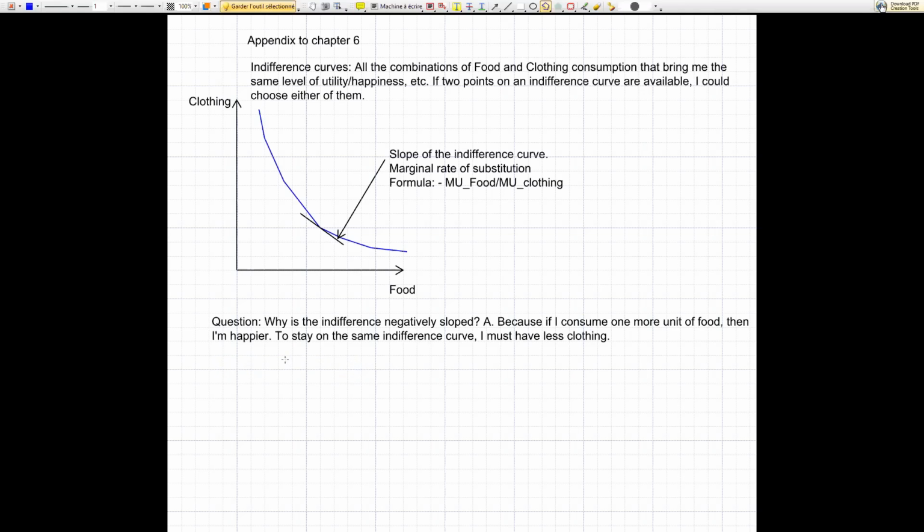Question: why is the slope becoming flatter as I increase my consumption of food?